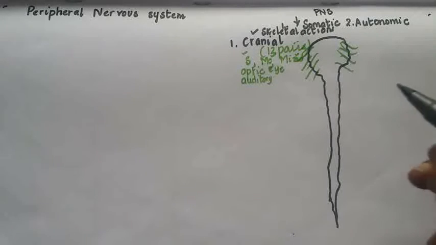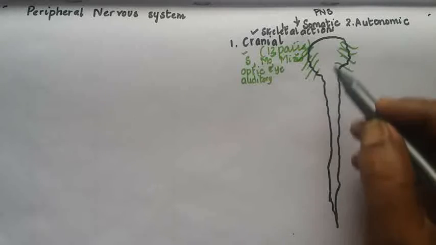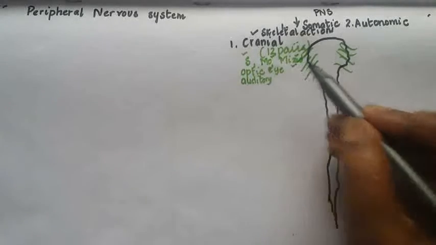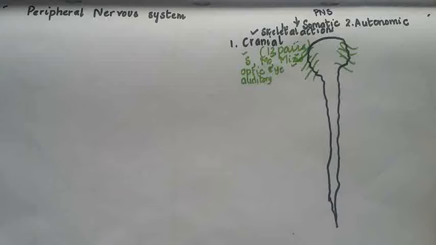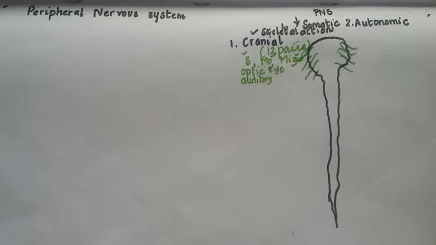So whichever nerves are entering or moving out of the face and tongue can be named mixed nerves. Okay, so this is the first type of the somatic nervous system, that is the cranial nerves.